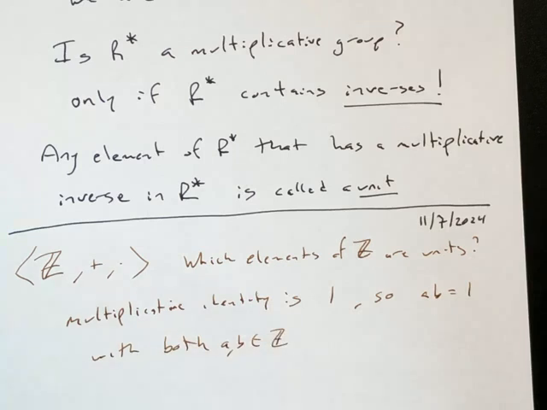So really, I want to try and solve equations AB equals 1. The only requirement is that A and B are both integers.